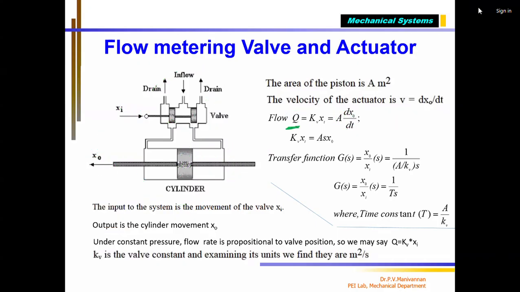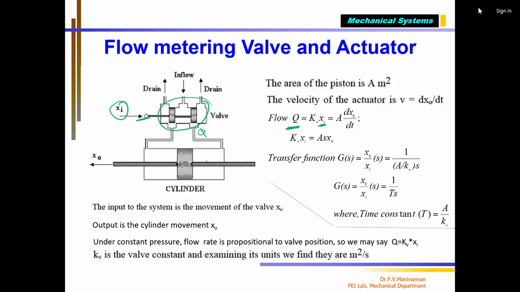Correct? I vary the flow rate by controlling xi, the control parameter, the position of the spool valve. The output is Q, the flow rate for this system, and the input is the spool position, that is how much quantity of fluid is entering.